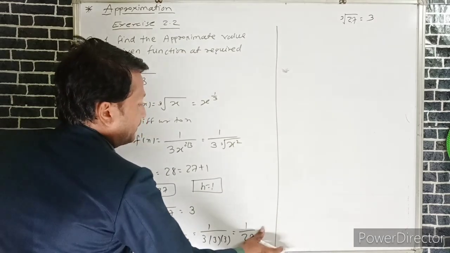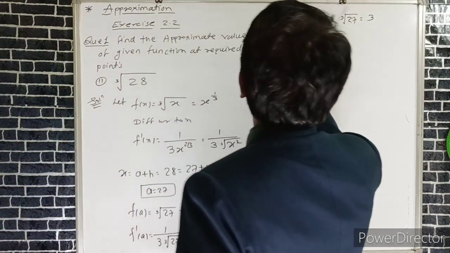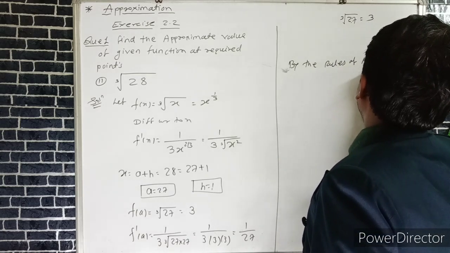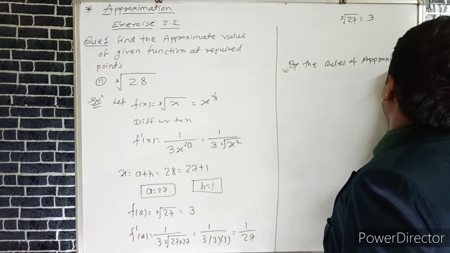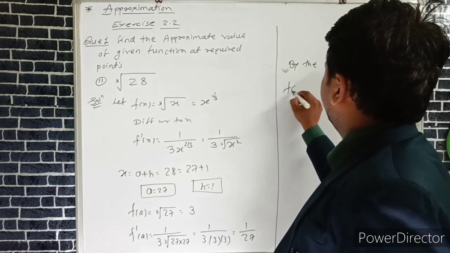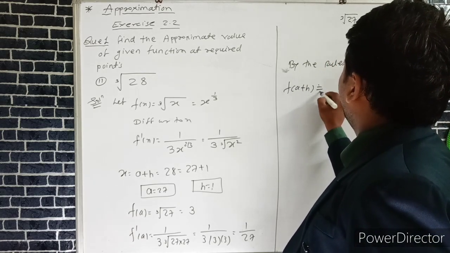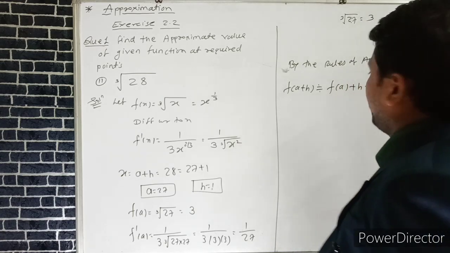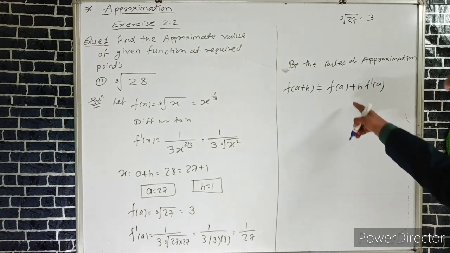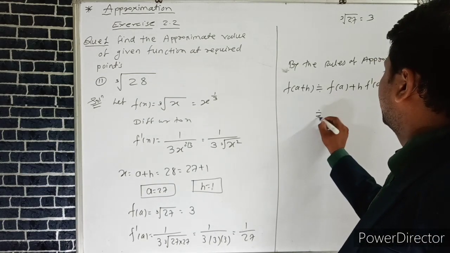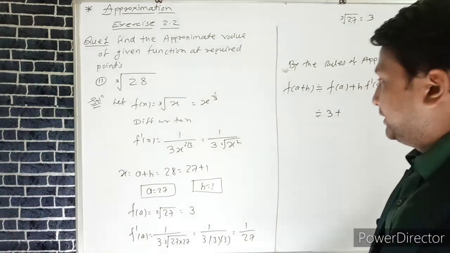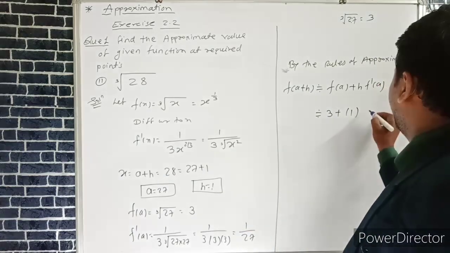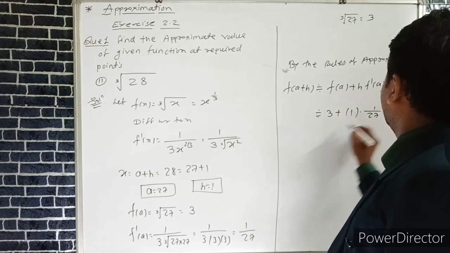So by the rules of approximation, we can say that f of a plus h is approximately f of a plus h into f dash of a. So here the value of f of a is 3, plus h, which is 1, and f dash of a, which is 1 upon 27.